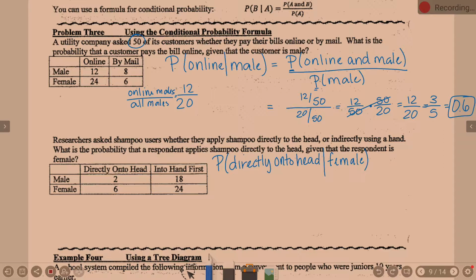In terms of setting that up, if we think about that formula that you guys didn't much care for, that means on top, we're going to be looking at the probability of directly and female, over the probability of what? Female.